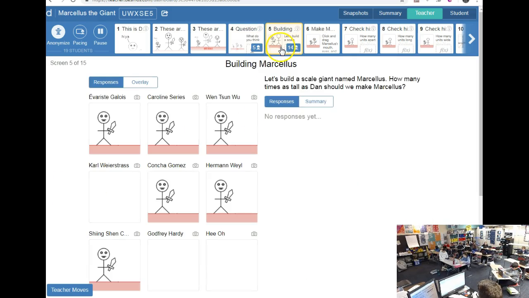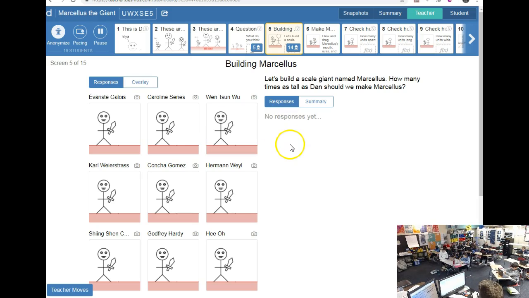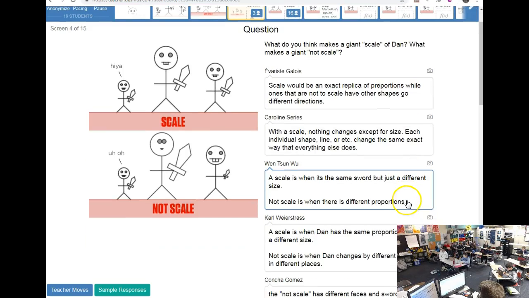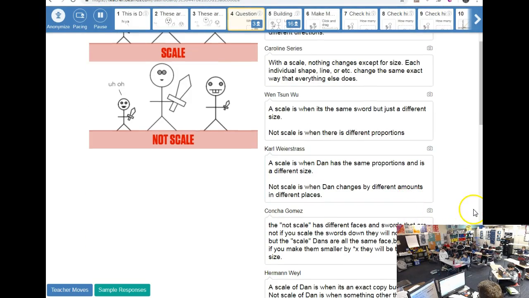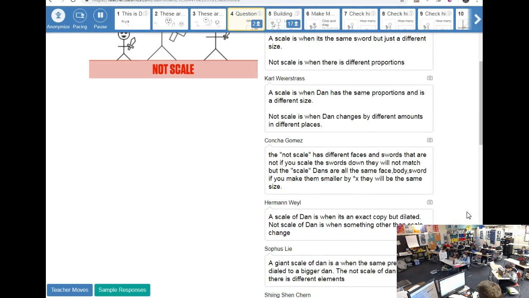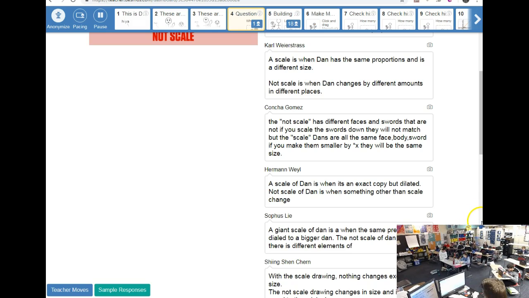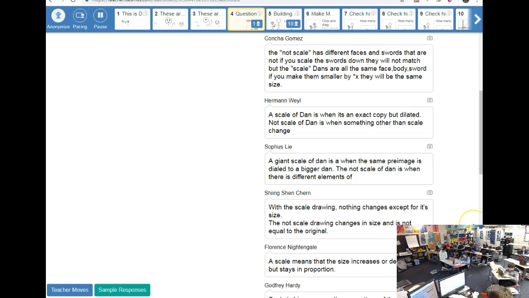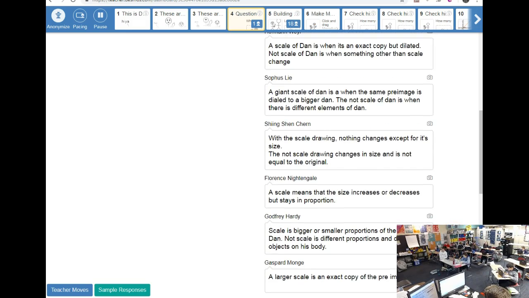So the next task is building Marcellus. I like your scale definitions, guys. Ooh, here we go. Same pre-image.